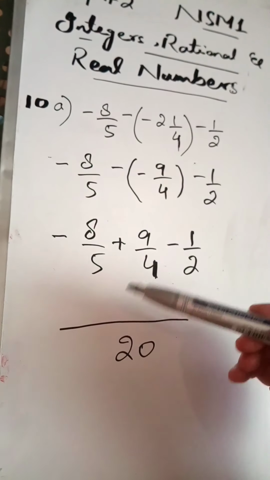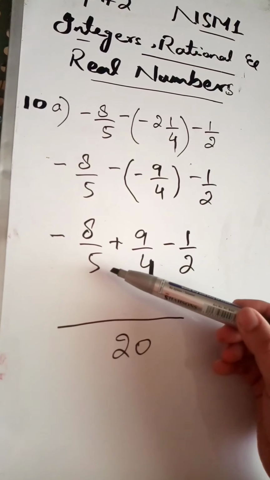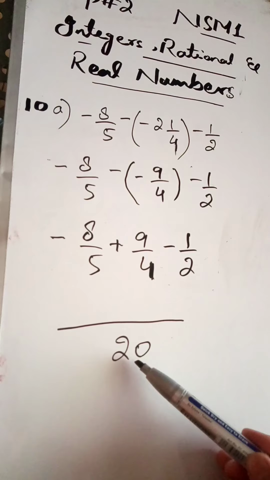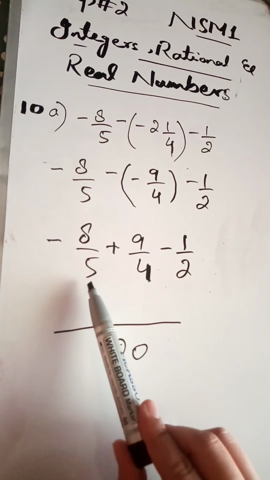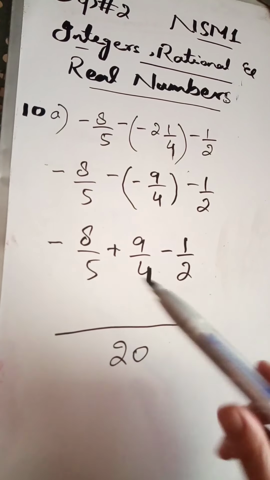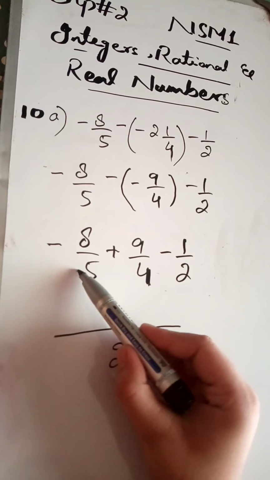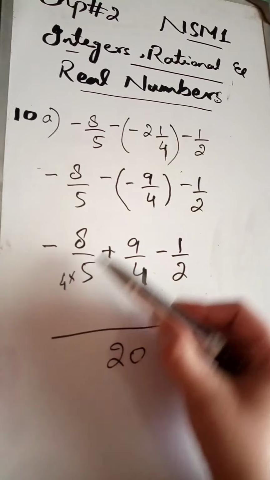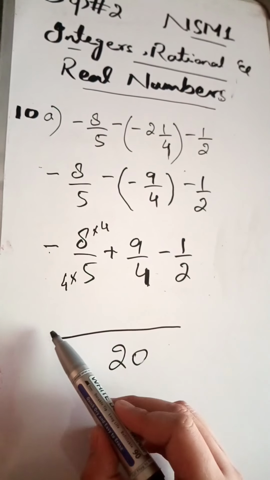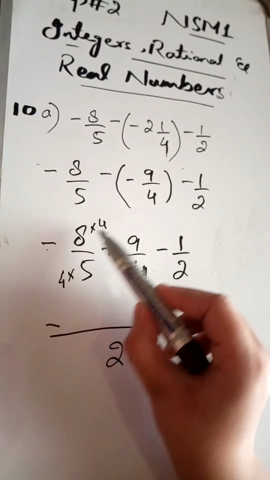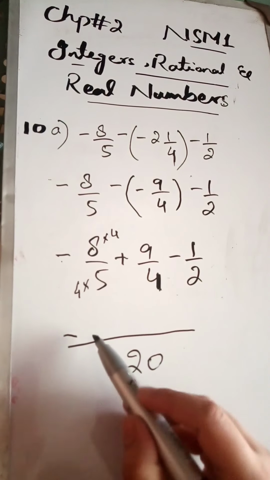Now we equalize the denominators of the fractions. We have the LCM 20. By which number do we multiply 5 to make it 20? When we multiply 5 with 4, it becomes 20. Multiply this 4 also with the numerator of that fraction. What sign do we have? Place the sign as it is. 4 8s are 32.